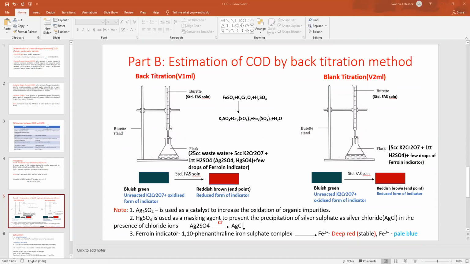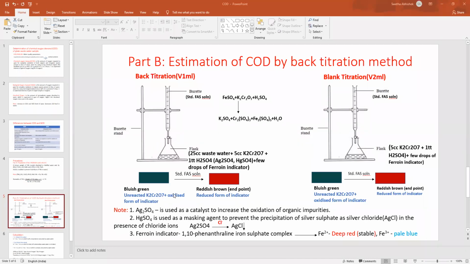Now you see, your solution in the conical flask consists of wastewater, which is treated with K2Cr2O7, right? And depending upon the concentration of impurities present in wastewater, some volume of K2Cr2O7 is consumed by wastewater. Suppose any amount of K2Cr2O7 is left unconsumed out of 5 cc, to this unconsumed K2Cr2O7, when you add deep red color ferroin indicator, the color changes to blue.